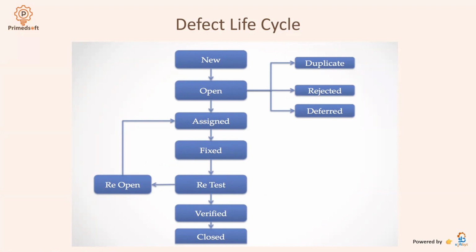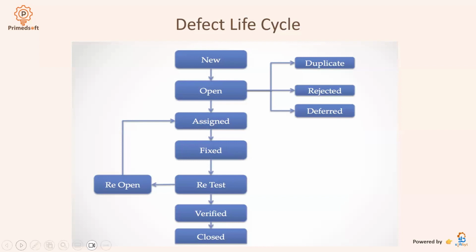You've raised it, including all the 6 components of bugs: the title, the description, the expected and actual result, the priority, the severity, and a screenshot. Once you've raised that, you will have a status change to new.